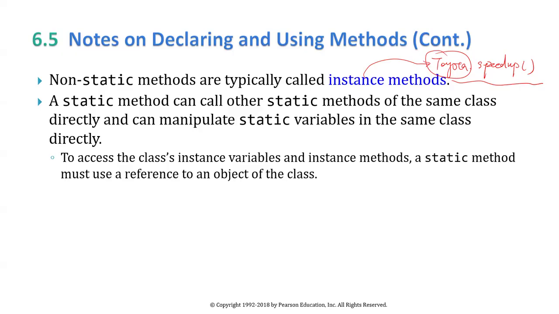And to access the class's instance variables and instance methods, a static method must use a reference to an object of the class. Okay, the wording is a little bit lengthy, but you have to know that everything can be implemented as long as they are of the same class. Everything is the same class. So if they are the same class, well, okay, there are not too many barriers to access each other.